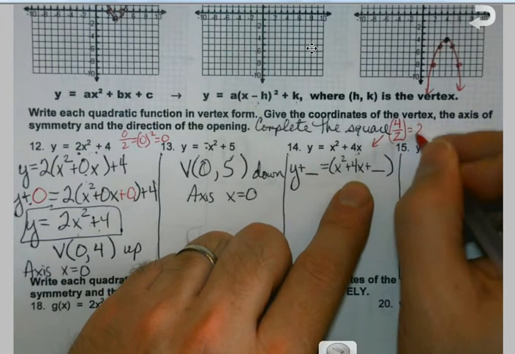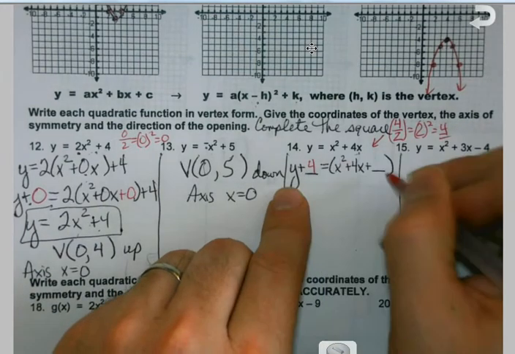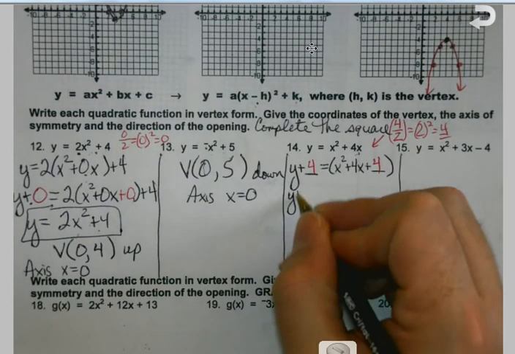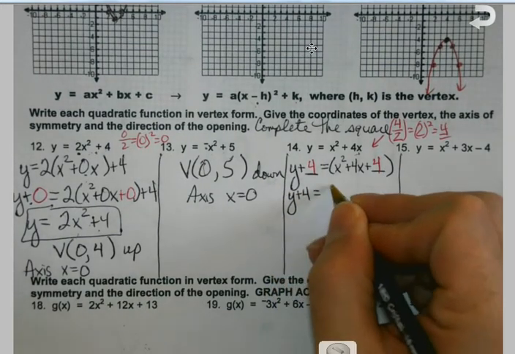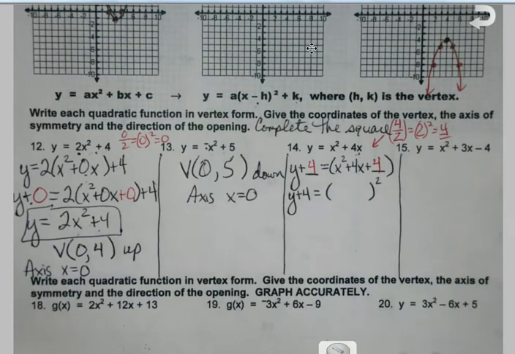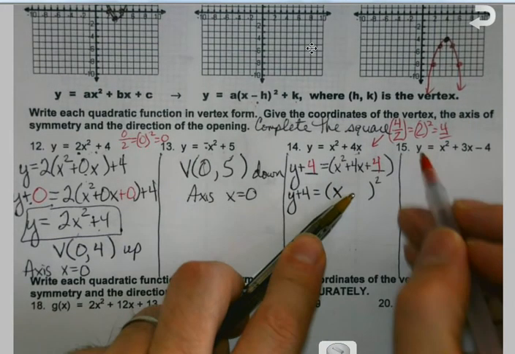Divided by 2 would be 2 squared, which is 4. That's what's going to go in each one of my blanks. Because now I can turn that perfect square trinomial into its binomial form by, remember, taking my b divided by 2 number.